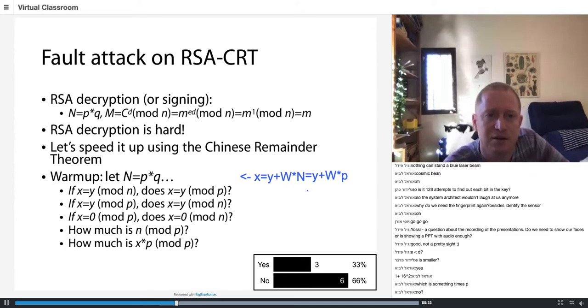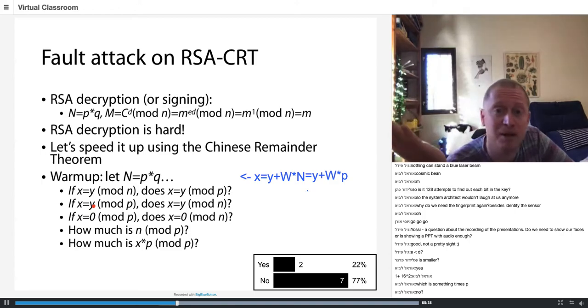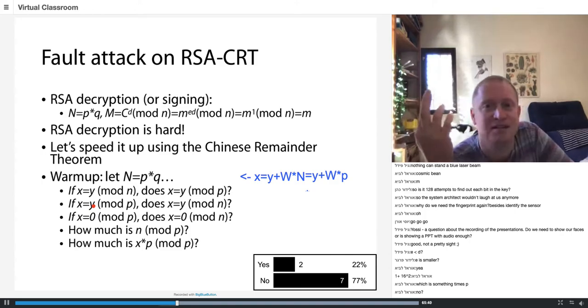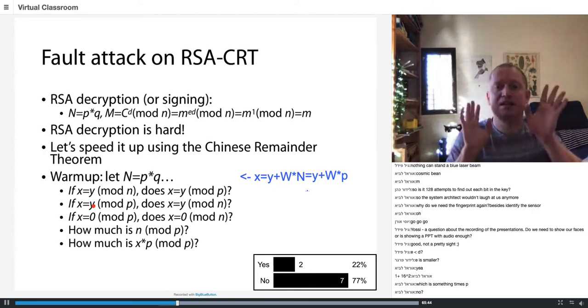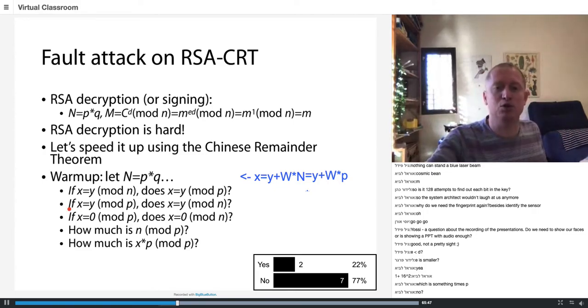And the correct answer is, of course, no, because if X is equal to Y modulo P, it means that X is equal to Y plus W times P, but it doesn't necessarily mean that it's P times Q. And if W is a multiple of Q, then fine, but it could definitely be the case that X is equal to Y modulo P, and it is not equal to Y modulo N.